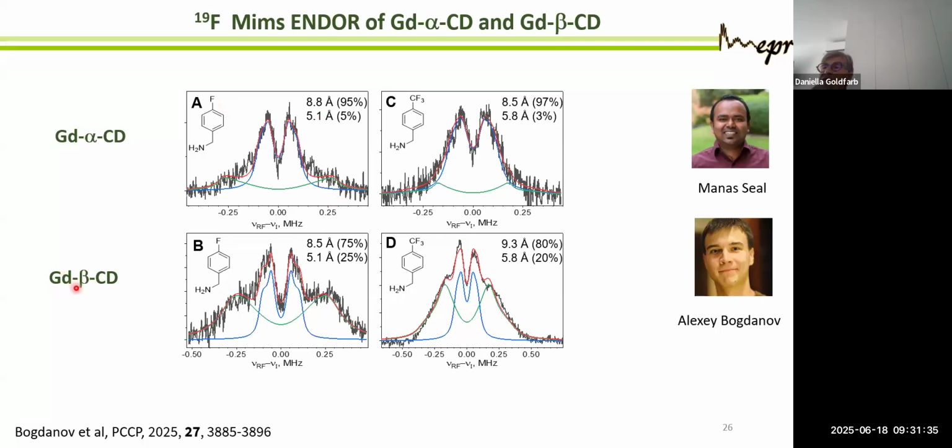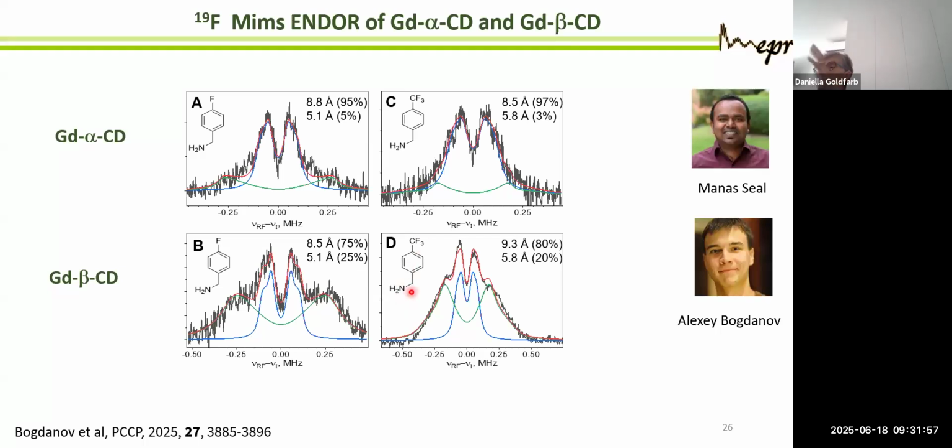But when you go to the beta cage that is bigger, you see 2 distances very clearly. A major one that is 75% and the other one that is already 25%. So it went up from 5 to 25, and the same goes for this guest molecule.